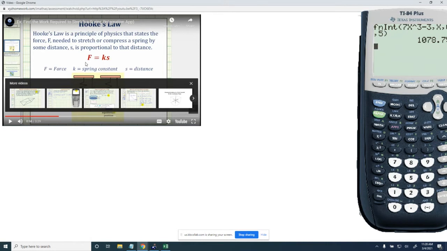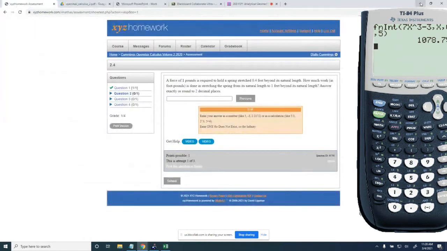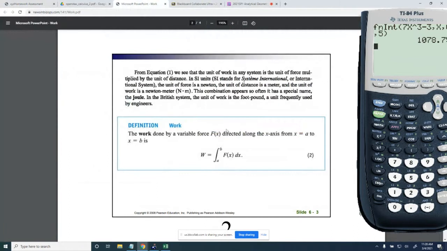So we're basically taking this F, which is K times S, and we're replacing that with this F of X. Keep in mind there will be a variable transform. Hooke's law gives us S as the variable for distance. We're simply going to convert the S to an X.